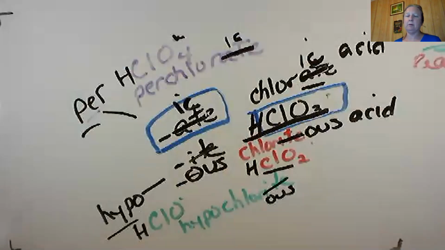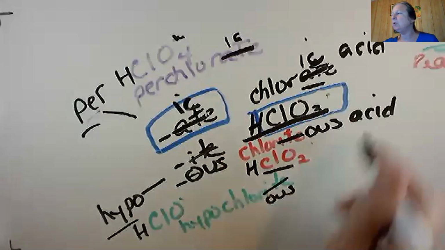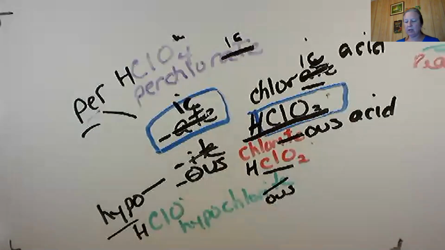Hypochlorous acid. So ate becomes ic, ite becomes ous, everything else is the same, and you say the word acid. Both cases you say the word acid. Hydrochloric acid, chloric acid.